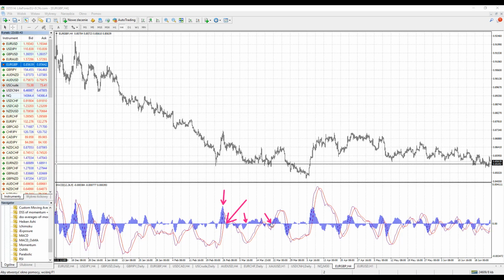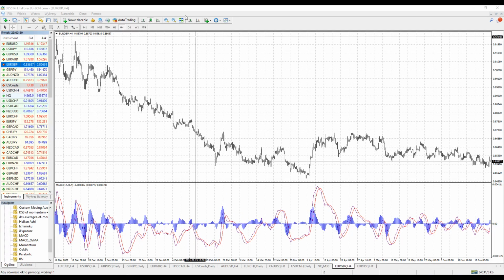But again, trying to trade based only on this, using each and every cross, might not be profitable. A little bit later, I'm going to tell you about the possible twist.